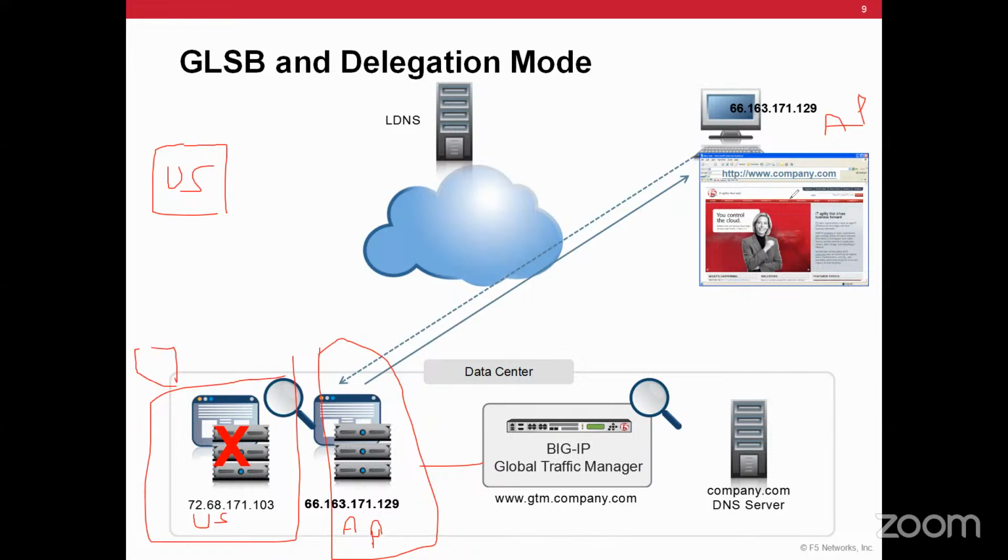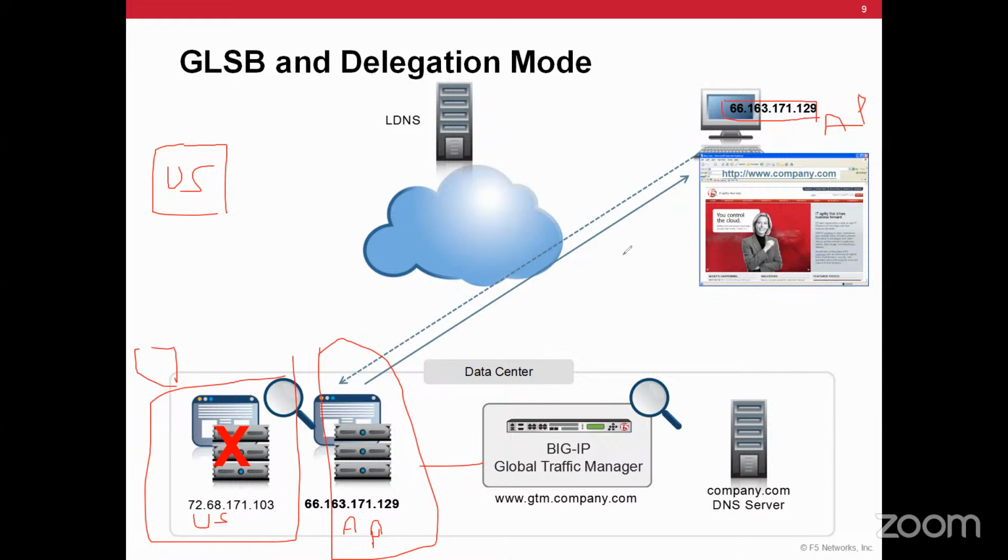Now you want your AP users to always get answers from the AP side. That logic you can apply on GTM. When requests come from the AP side, GTM maintains a geographical IP database, which tells you which region a public IP belongs to. There are three or four databases where you can get information on where a public IP belongs.